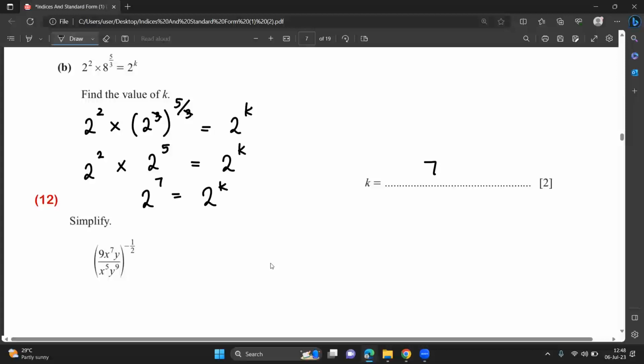Once you do that, 3 into 5 over 3 becomes 5. Why? Because the 3 and 3 gets cancelled this way. You can cancel the numerator and the denominator. So what remains there? 5. What is 2 to the power 2 into 2 to the power 5? 2 to the power 7. So when you compare both the sides, we know k is equal to 7. Okay? Try the 12th one.